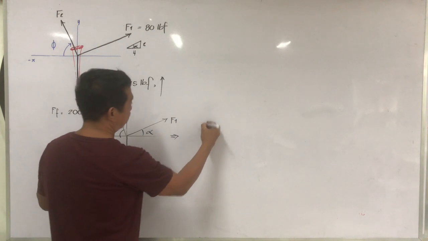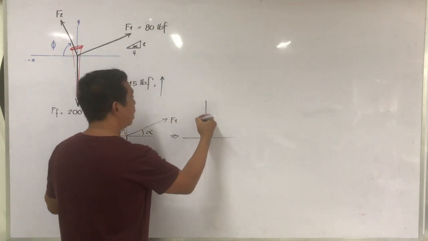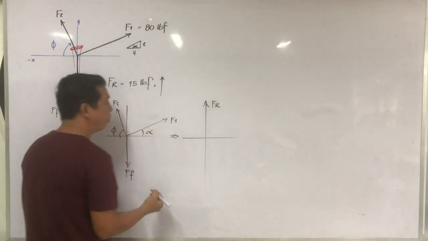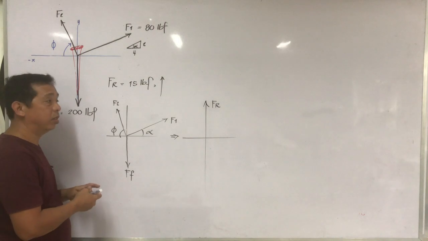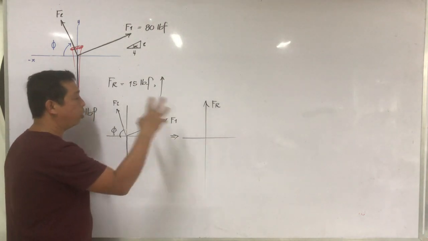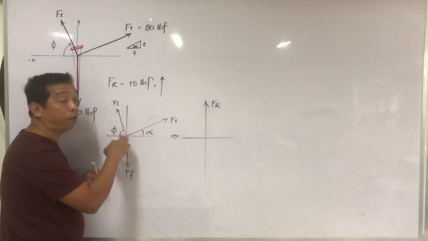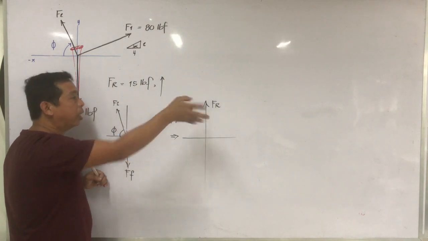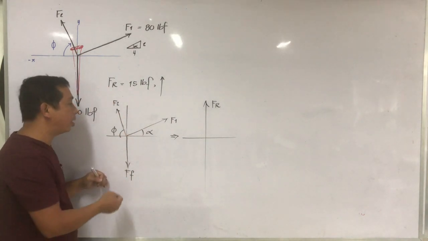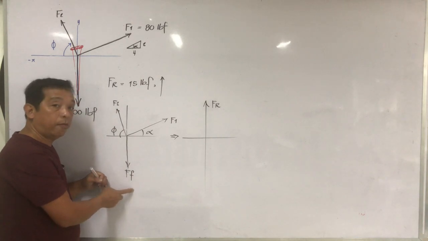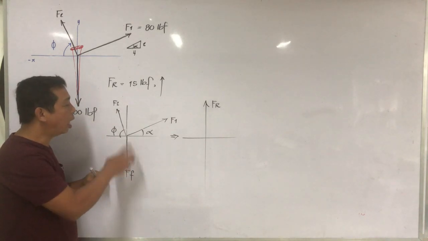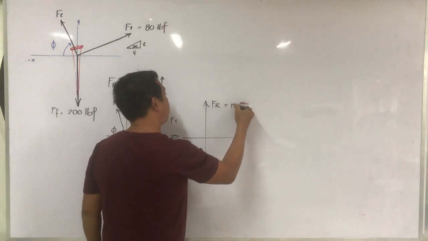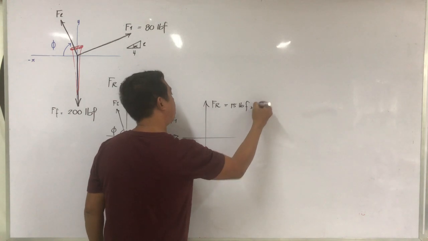Ang nangyari na resulta is that nag-produce siya ng resultant that is vertically upward. Ito ay resulta ng action ng tatlong forces na to. Hinahatak papuntang first quadrant at the same time papuntang second quadrant habang resisted vertically downward. Na ang naging resulta, ito. Ang resulta, 15-pound force upward.